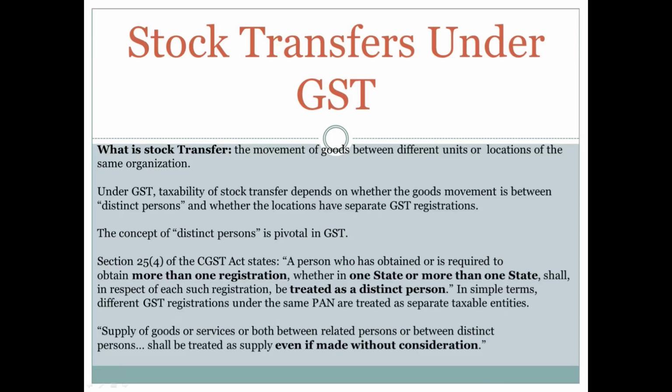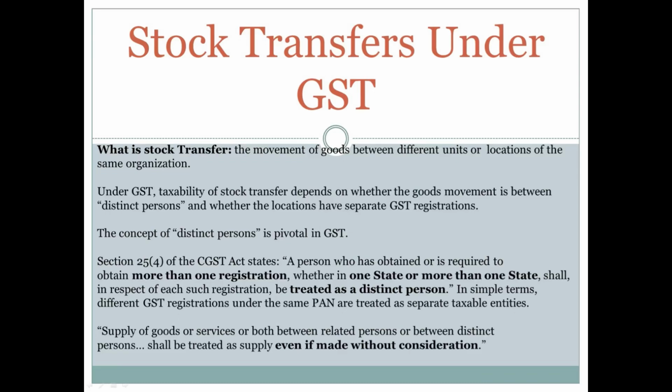Section 25(4) of the CGST Act states, "A person who has obtained or is required to obtain more than one registration, whether in one state or more than one state, shall, in respect of each such registration, be treated as a distinct person."